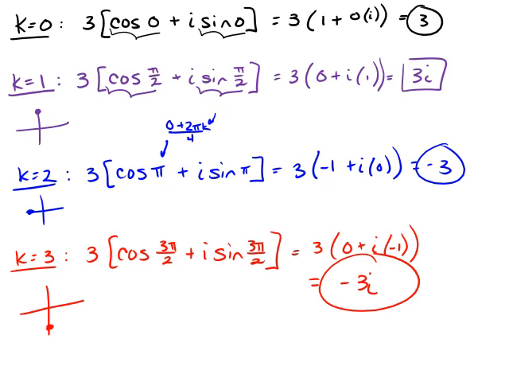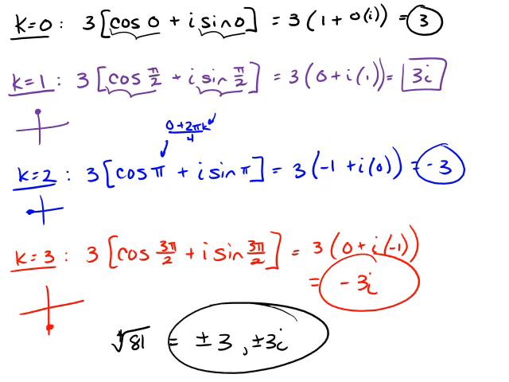So I can conclude that the fourth roots of 81 are positive and negative 3 and positive and negative 3i. Since we're finding the fourth root, I should have 4 results. Let's try another.